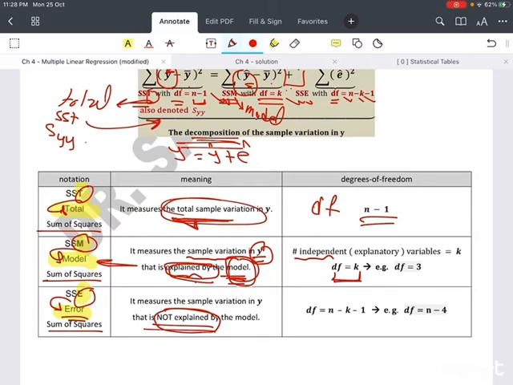Okay, then the degree of freedom for error will be n minus k minus 1.